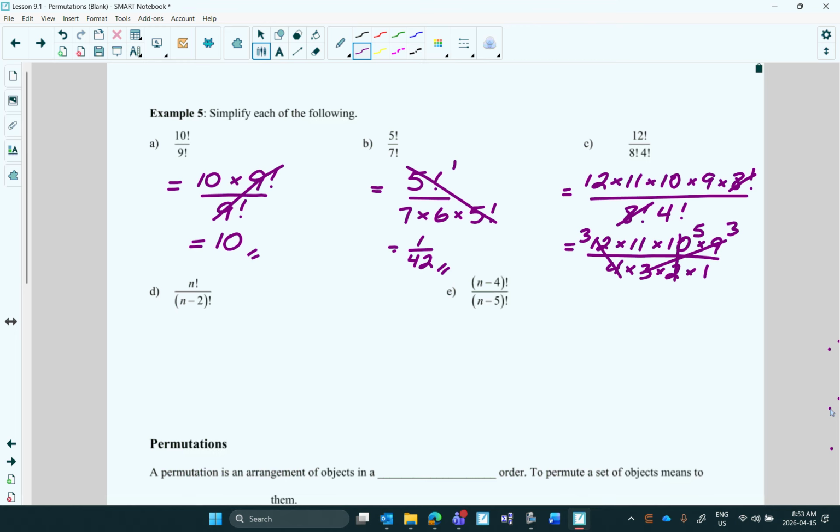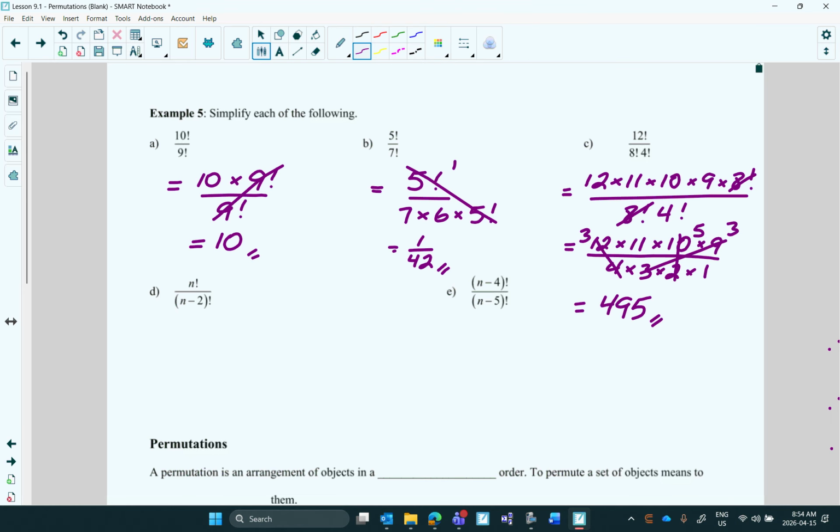Okay. So what would this give us? 99 times 5, 495. Sure, yeah, 495. But we would do that canceling technique with ones like that. You would see ones like this more than you would see something like this.